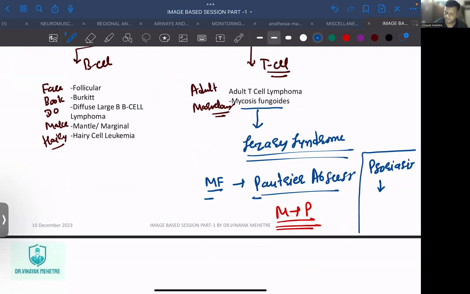The abscess name is Munro's abscess. If the disease name starts with M, abscess will be P. If the disease name starts with P, abscess name will be M. Okay, दोनों पूछे जा चुके हैं.